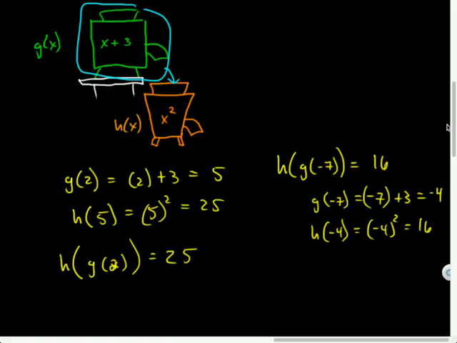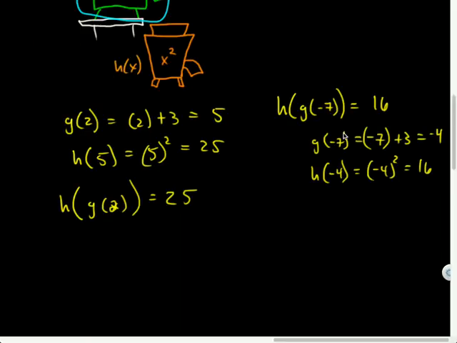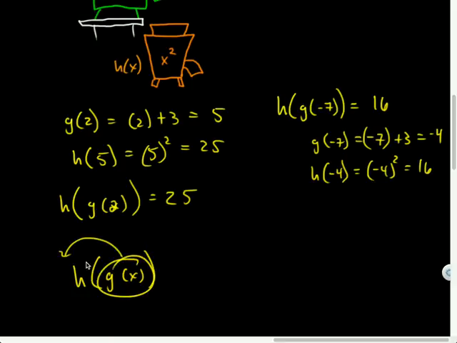So what we would have, I guess I can erase my little circle there, is h of g of x. I'm literally putting the g of x machine into function h. So what is h of x normally? It's the x squared function, right? Whatever is inputted, we square it.